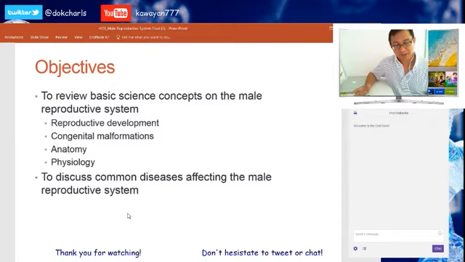Take a look at the basic anatomy and physiological considerations when you look at the system. Secondly, we will try to discuss common diseases affecting the male reproductive system.